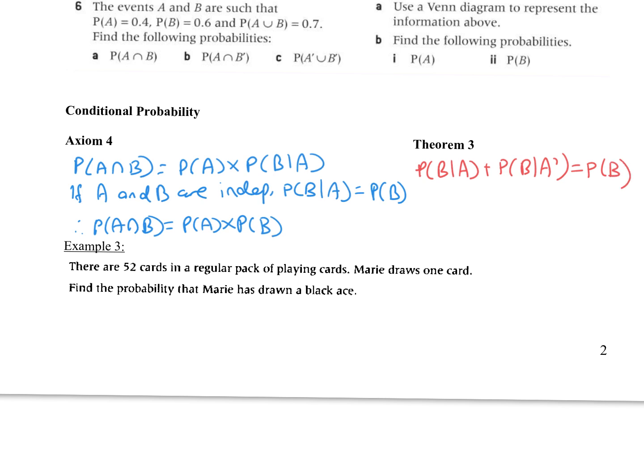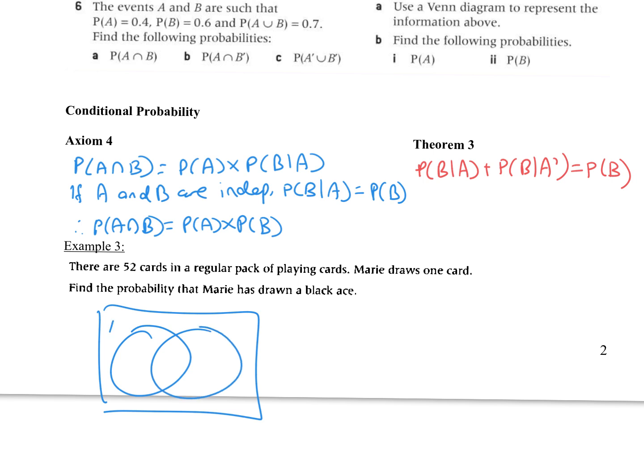Now let's do some examples for practice. There are 52 cards in the regular pack of playing cards. Marie draws one card. Find the probability that Marie has drawn a black ace. So we can represent this in the Venn diagram. So we have ace, and then we have black.